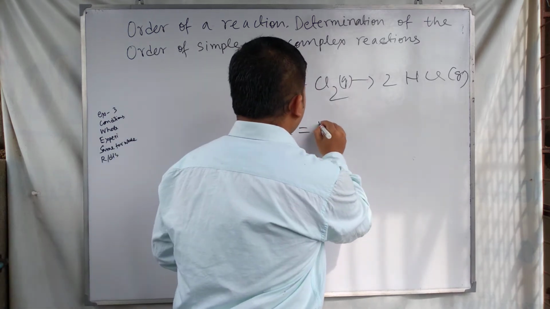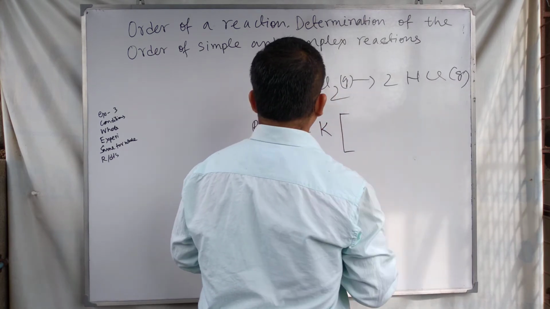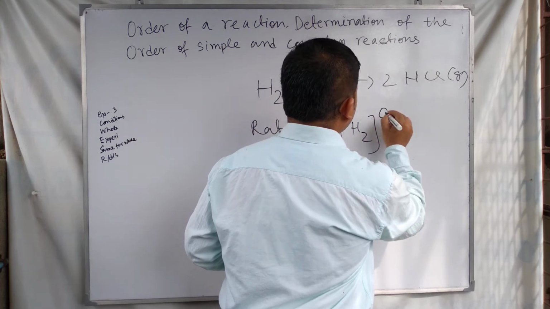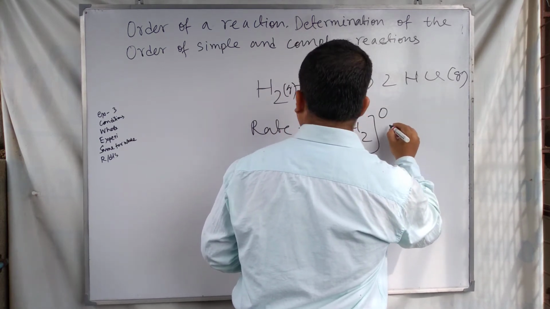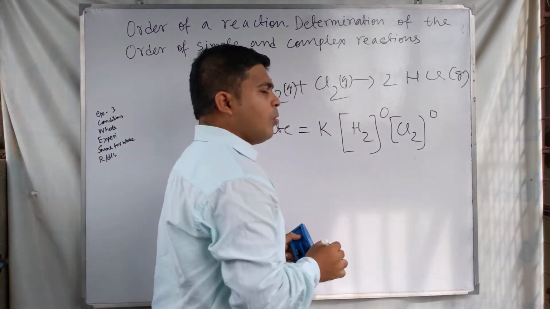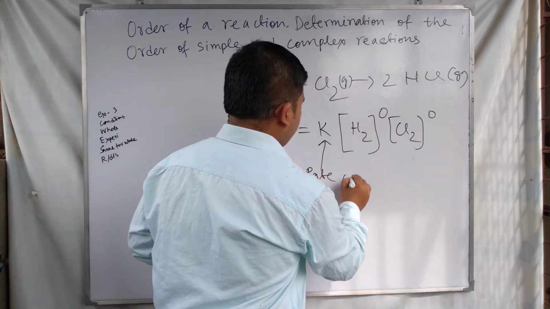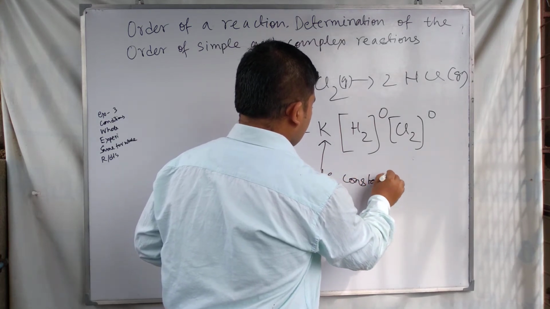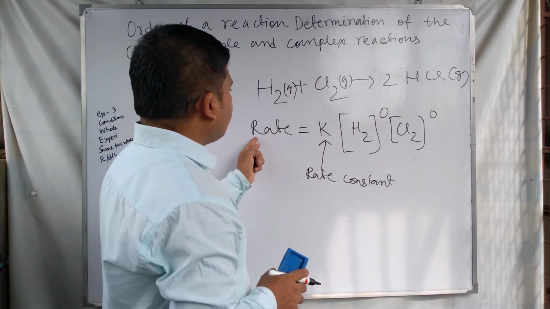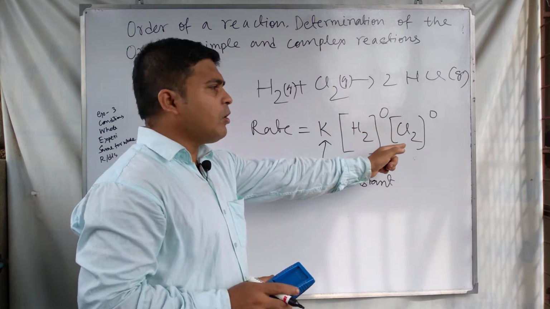So rate equals k times [H2] to the power 0 and [Cl2] to the power 0, where H2 is a reactant to the power 0, Cl2 is another reactant to the power 0, and k is called the rate constant.